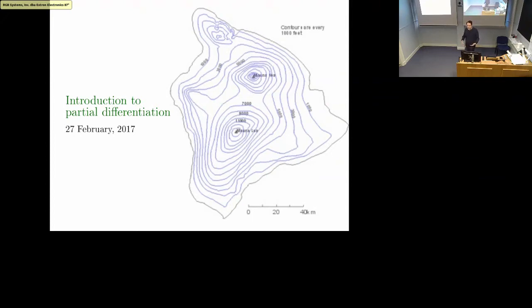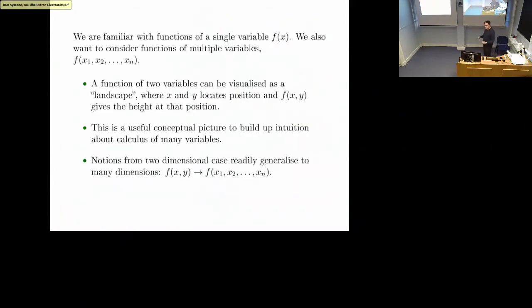Now you may be wondering what this has to do with calculus, and the answer is that what we want to do today is extend our notions of calculus to functions of more than one variable. So we're used to doing calculus with single variable functions, and we want to think about functions of multiple variables. Now, in general, it can be difficult to visualize functions of many variables, but it turns out that if we have a function of two variables, there's a very nice way that we can visualize these.